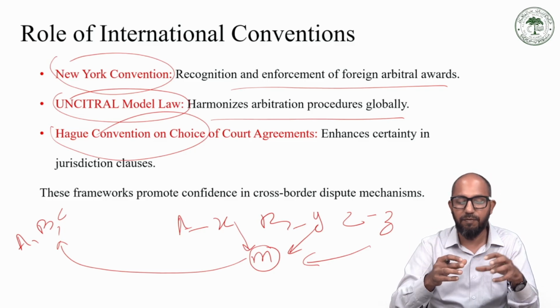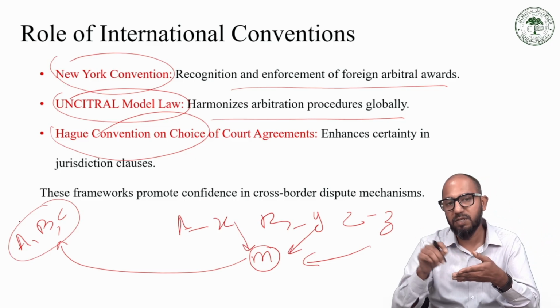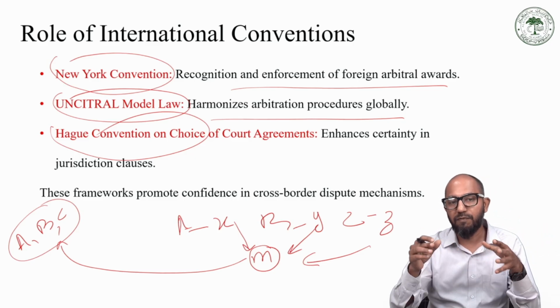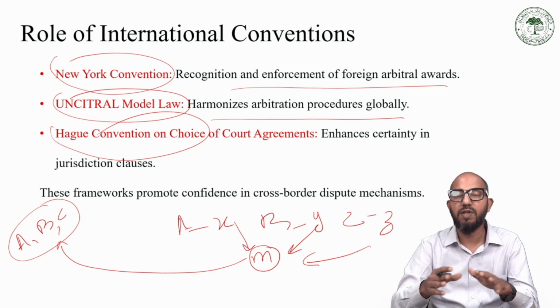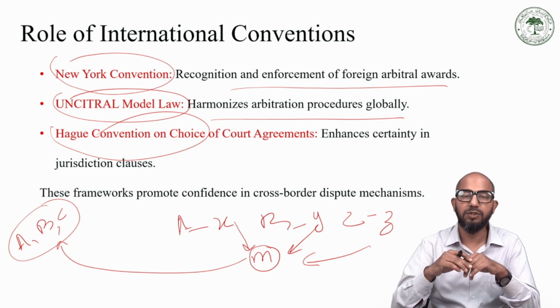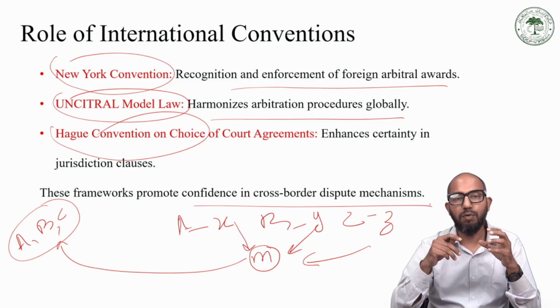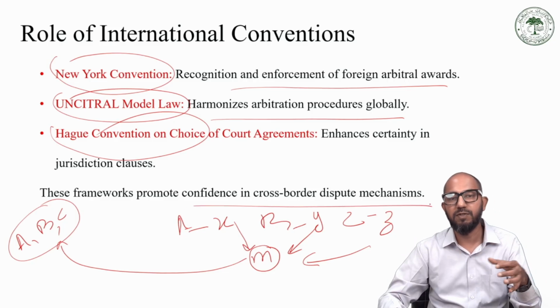This gives the benefit that these three countries and their exporters and importers can work together because their rules have become the same. Thus, international conventions are frameworks that promote confidence in cross-border dispute mechanisms.